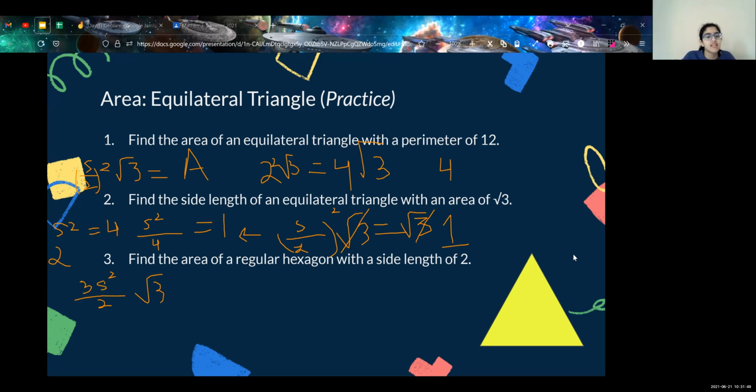So remember that, as I've stated twice, I think, a regular hexagon is just 6 equilateral triangles put together with the side length equal to the side length of the regular hexagon. I can draw it out, although I can't say that my drawing skills are good. I can say that my drawing skills are bad.